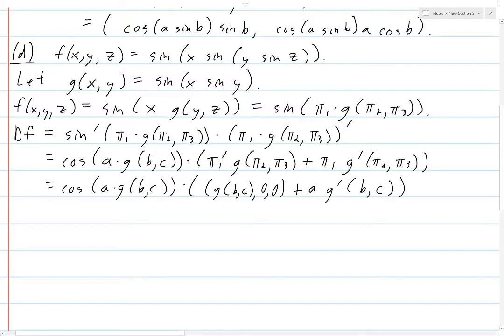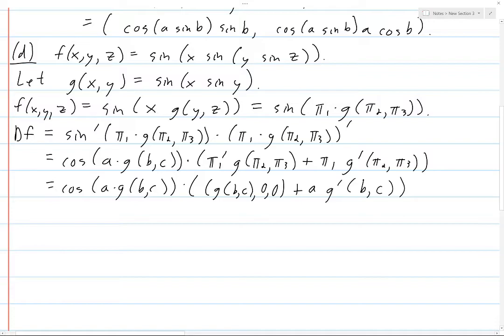So we have cosine of a times g of bc times g of bc, 0, 0, plus, okay, now we have to write this whole thing.